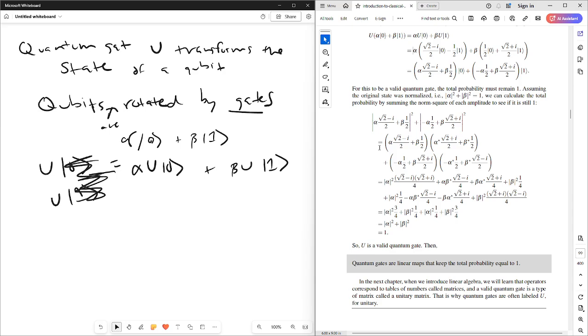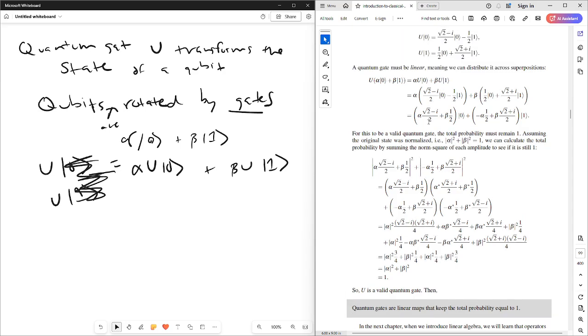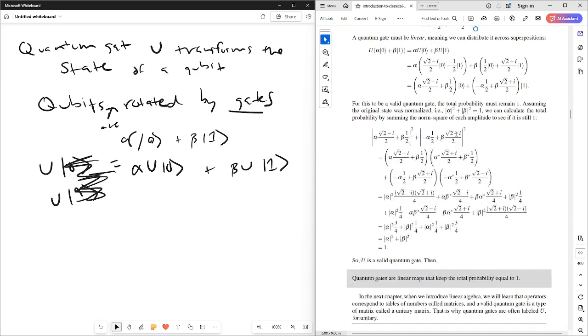And so a quantum gate also, as they show in this example, just going through this algebraically, taking the norm square of these amplitudes that result from applying this U gate to this kind of arbitrary example state that they have here.